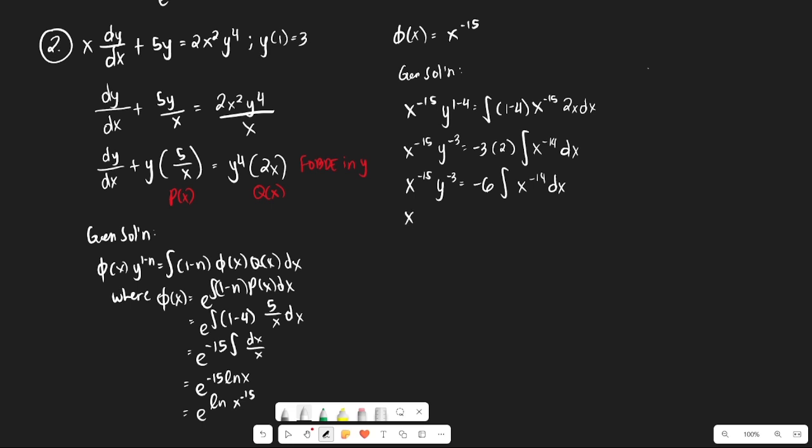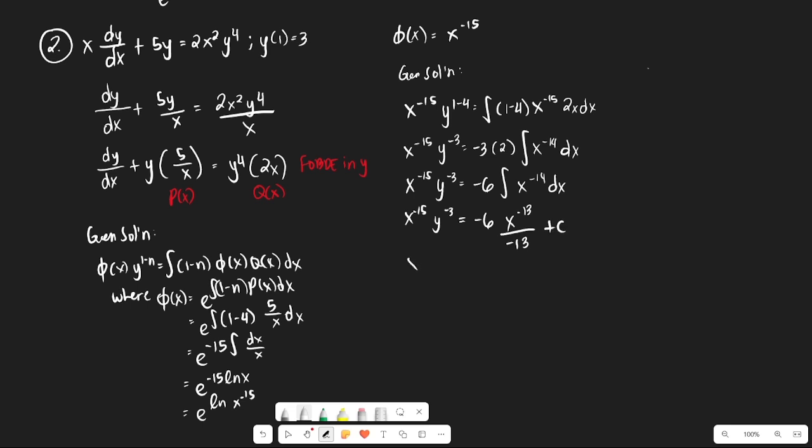Now, the integral of x raised to negative 14 can be solved using the power rule, where you add 1 to the exponent and copy the new exponent. So you're gonna have x raised to negative 13, since we've added a 1 to the negative 14, and we copy that exponent, negative 13 right here, plus c.